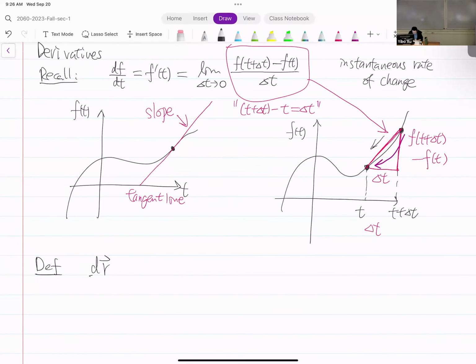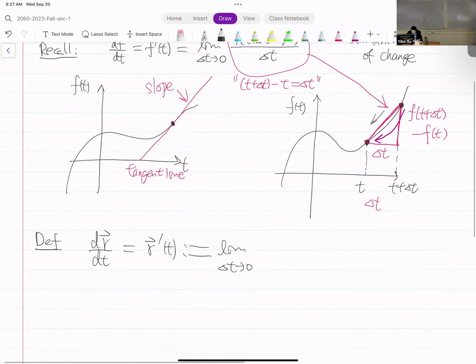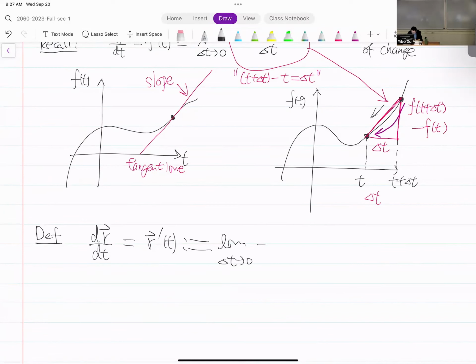But now to define the derivative of a vector function, for the notation we can just replace this f by that vector function r. Right? So the derivative can be written as dr/dt. It can also be written as r prime of t. And now we just follow the limit definition above. So this is still the limit when the change in input is delta t and it goes to 0.